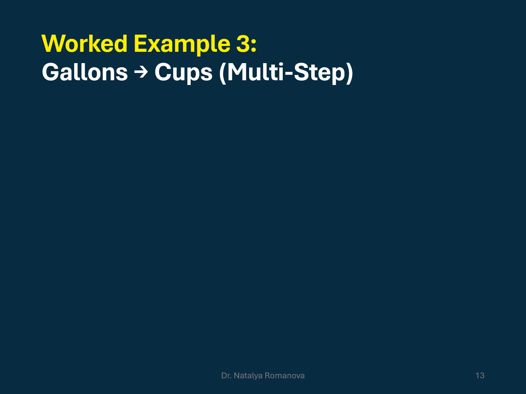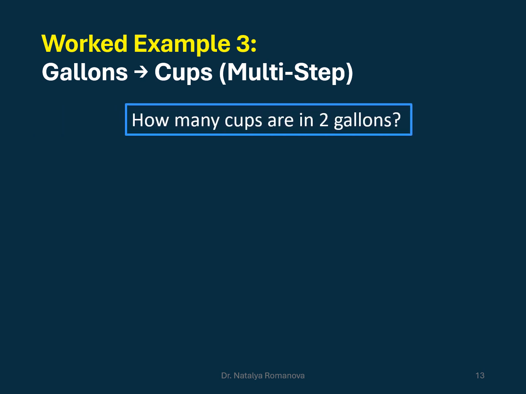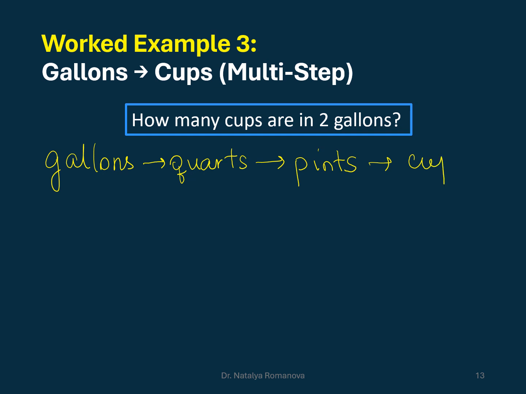Next example, we have an interesting situation with this one. How many cups are in 2 gallons? There is no direct conversion from gallons to cups, so we change in steps. We go from gallons to quarts, to pints, to cups. So now we have 2 gallons. Multiply by 4 quarts over 1 gallon.